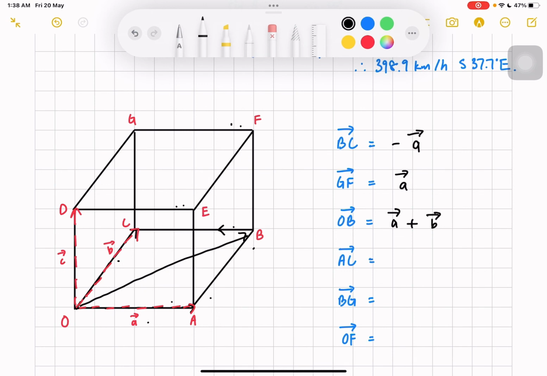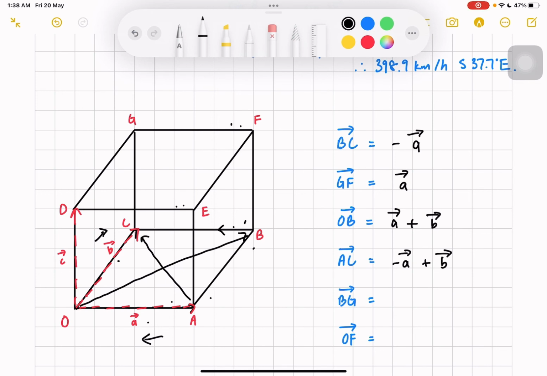Again, AC. Now we have to go backwards, to go backwards here first and then only here. So when we go backwards, of course it's negative vector A plus vector B. BG, vector BG.